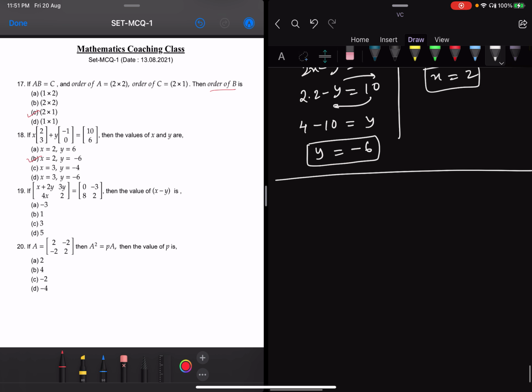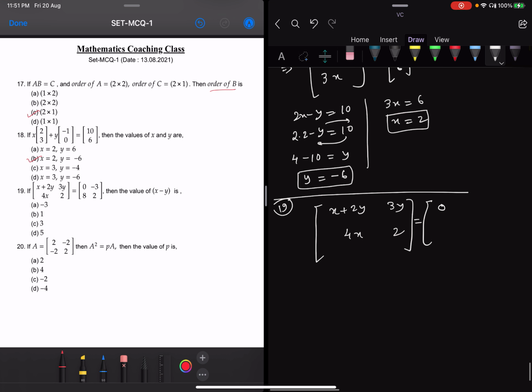The next problem is 19. For problem number 19, it is x plus 2y, 3y, 4x and 2, and it is equals to 0, minus 3, 8, 2.